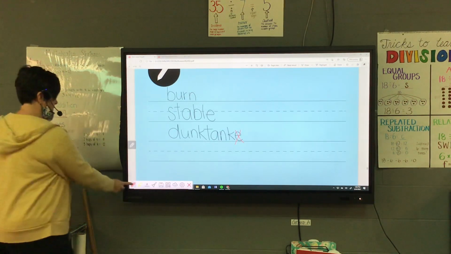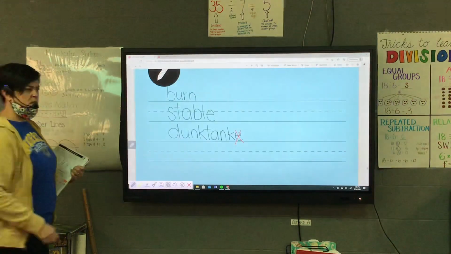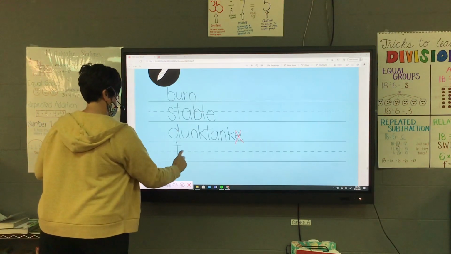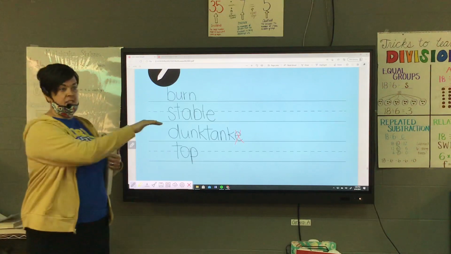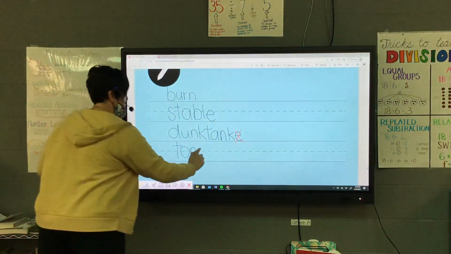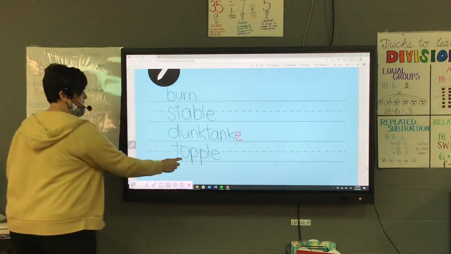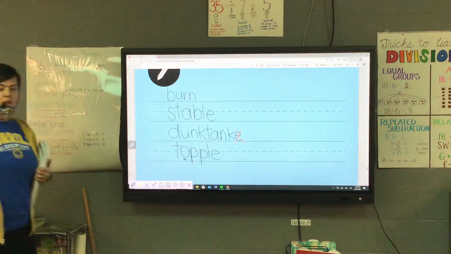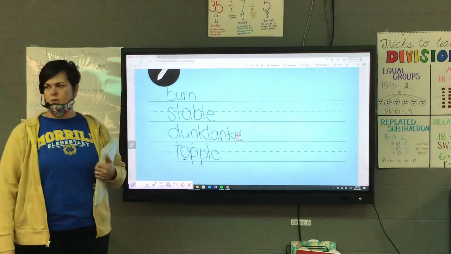Okay, next word. Was it topple? Okay. So think of top and then that suffix. Remember, it's a short vowel, so we have to double that P. Otherwise, it would say tople, which isn't a word.